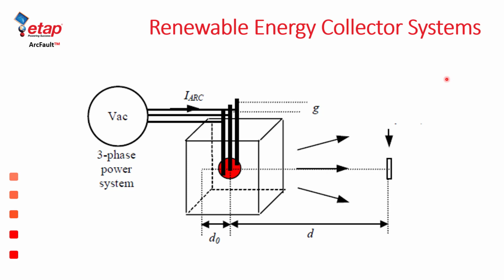Based on the opening area and the distance and positioning of the electrodes within that box, Wilkins was able to provide some reflectivity coefficients that allow us to determine the energy reflected towards a surface positioned in front of the opening of the enclosure.